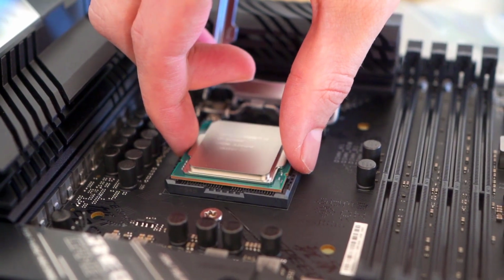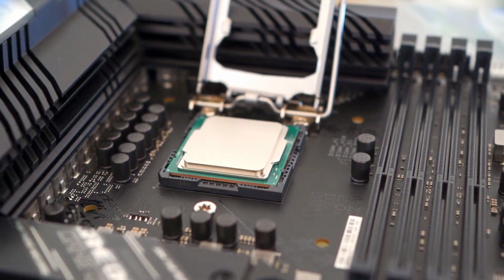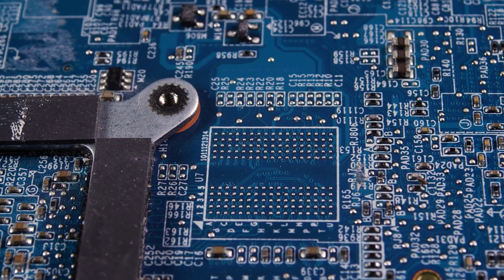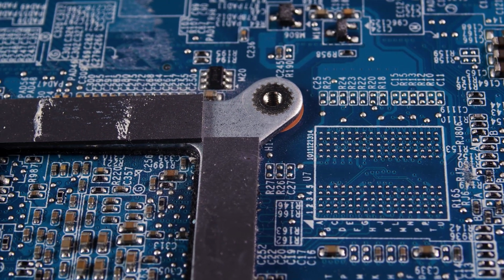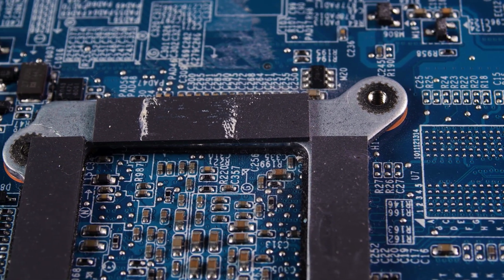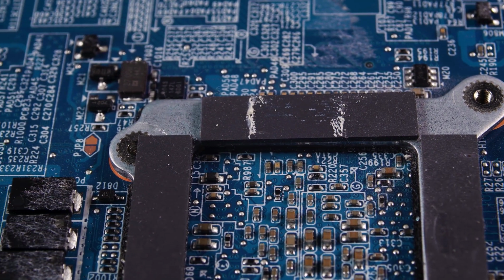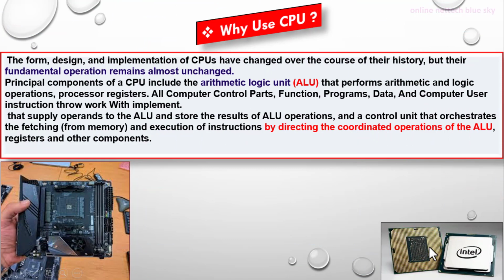Without the motherboard you cannot start your CPU, because all of the CPU's functions, controlling, communication and instructions need the motherboard, and it relies on the motherboard. Without the motherboard the CPU does not work, and without the CPU the motherboard does not work. This is a very important part.